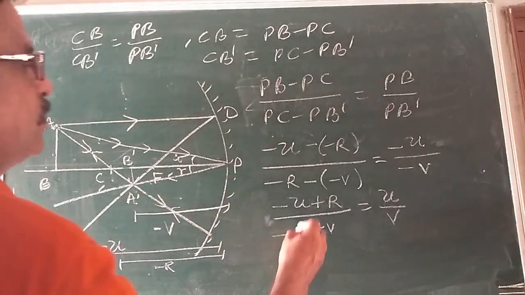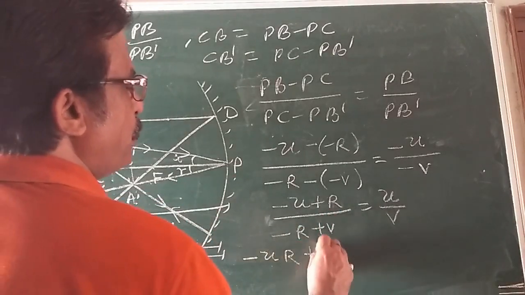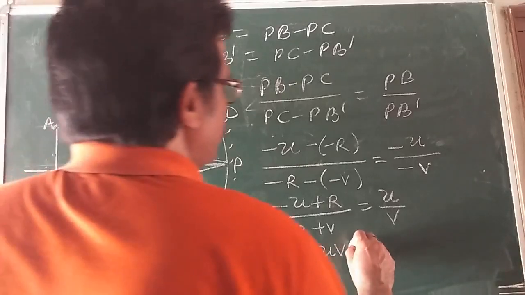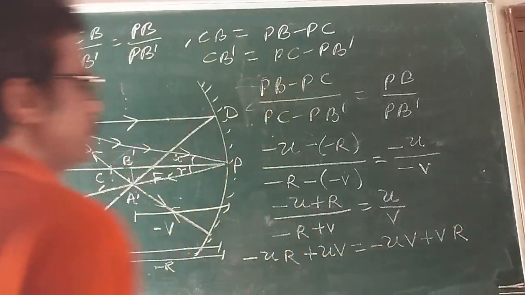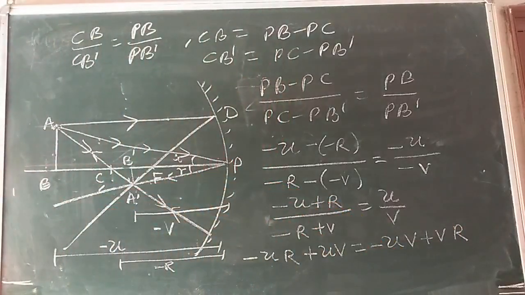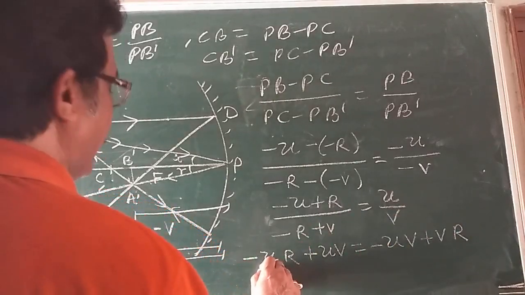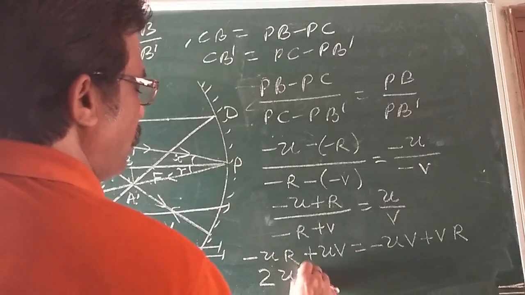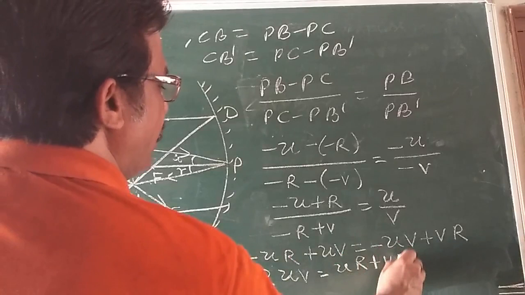Now, minus of ur plus of uv is equal to minus of uv plus of vr. We cross multiplied. Take ur to the other side, uv to this side. We are getting here twice of uv is equal to ur plus vr here.